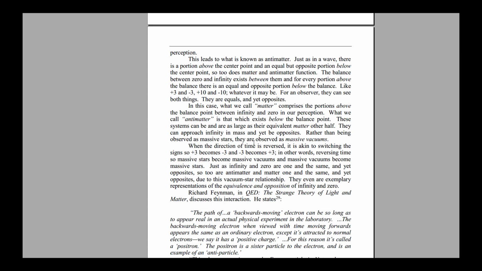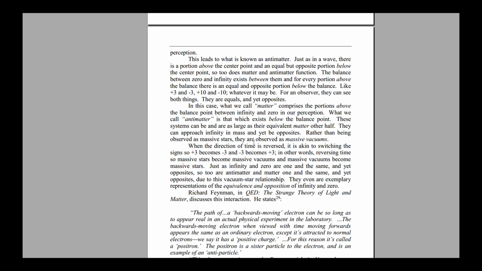In this case, what we call matter comprises the portions above the balance point between infinity and zero in our perception. What we call antimatter is that which exists below the balance point. These systems can be and are as large as their equivalent matter, other half. They can approach infinity in mass and yet be opposites.